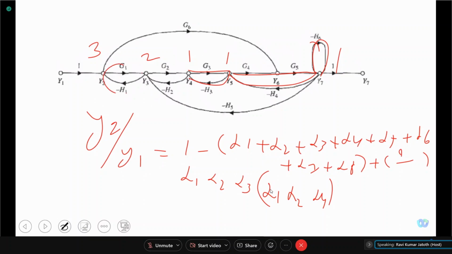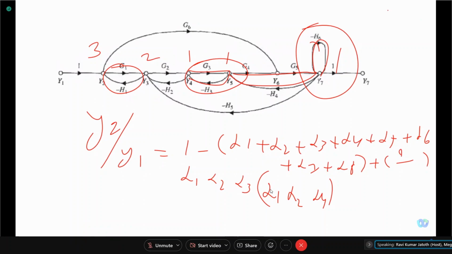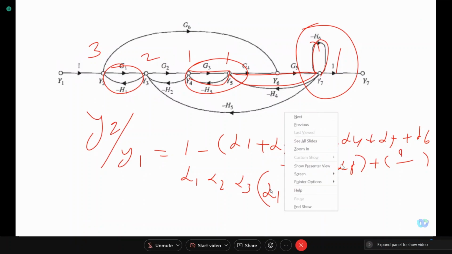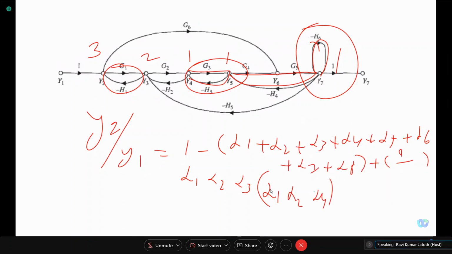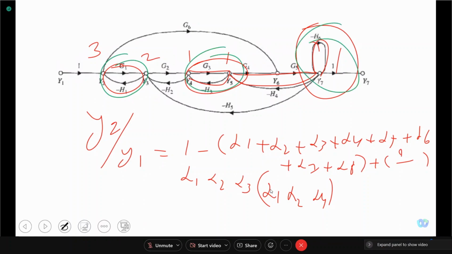Right. This loop, and this loop. Can it be called three non-touching loops? Yes or no? Yes, sir. See, this loop and this loop should come here.